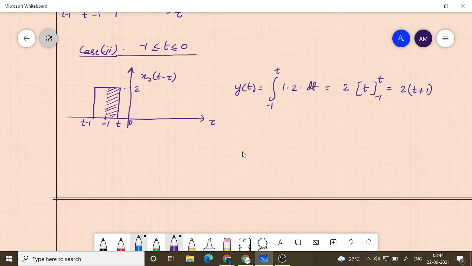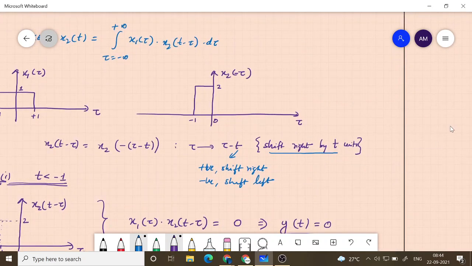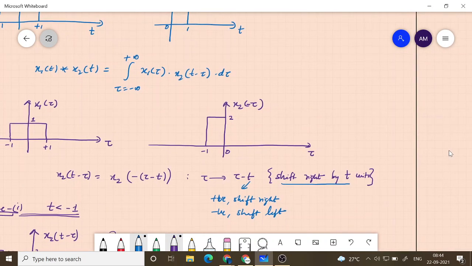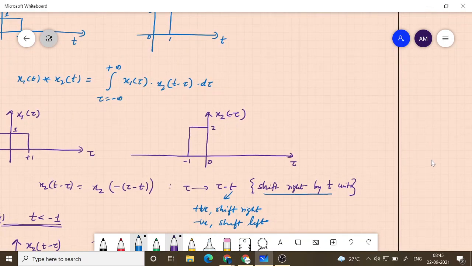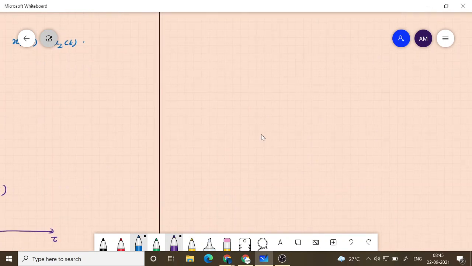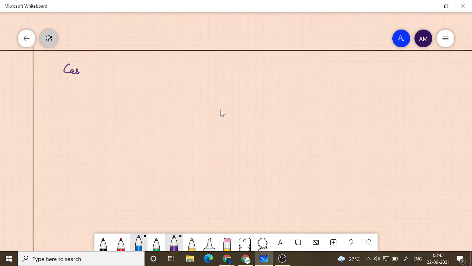Now case 3. In case 3 we are shifting right, but not by much, by an amount less than 1. So let us shift it to the right. Case 3, and I am saying that t is between 0 and 1.